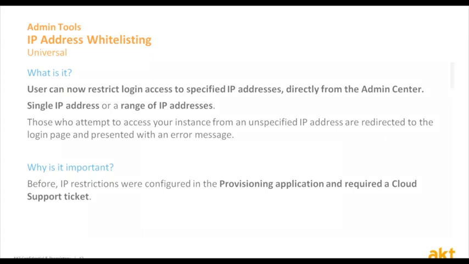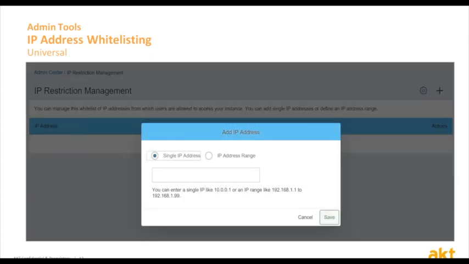From this day on, you can do that using a new functionality within your admin tools or admin center. Here you can see a screenshot of the new IP restriction management screen, where you can indicate a single IP address or an IP address range.